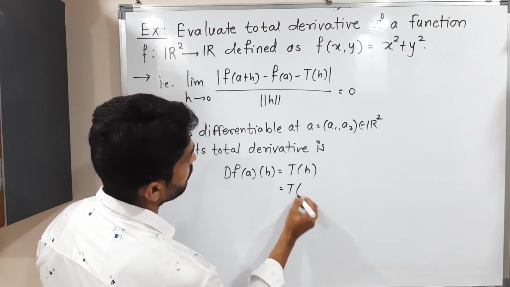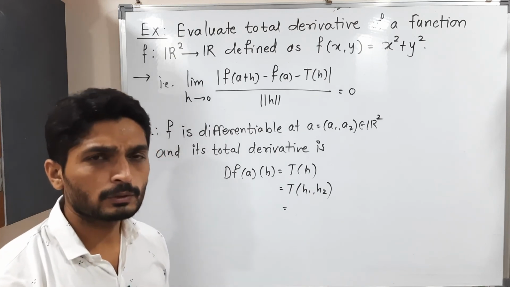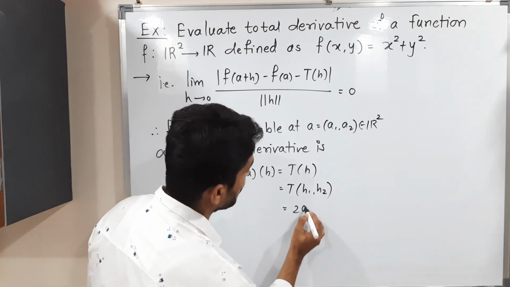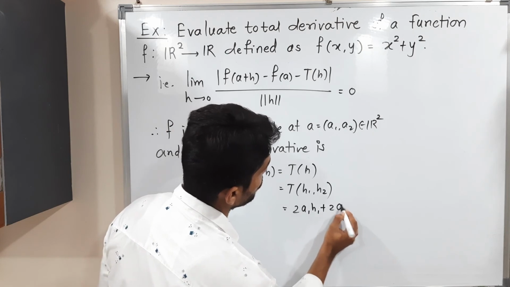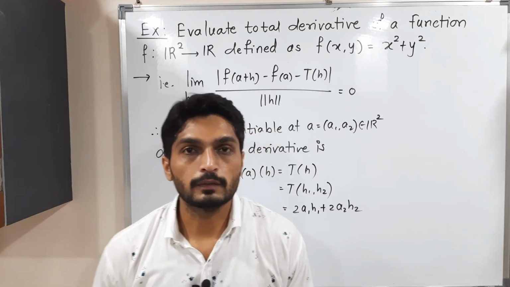This is nothing but t of h, meaning h1 comma h2, and what was our definition? It was 2 a1 h1 plus 2 a2 h2, right? See, that was our t.